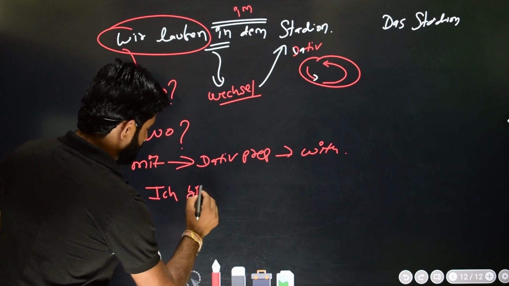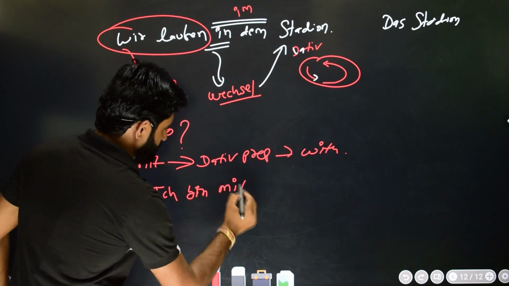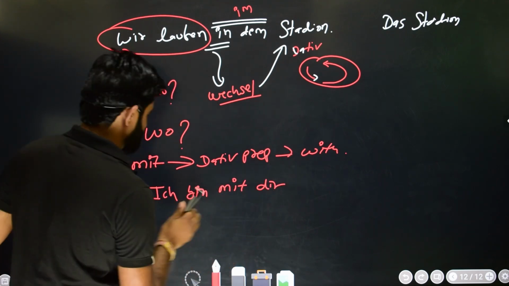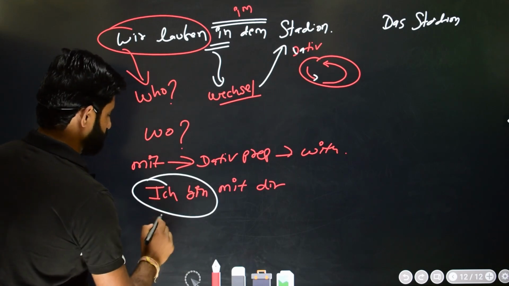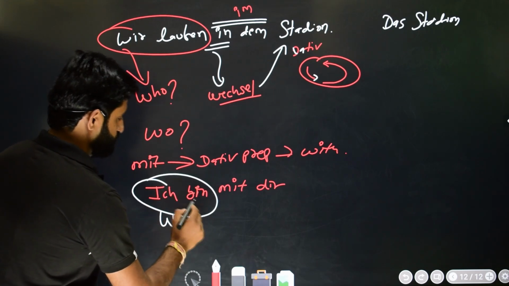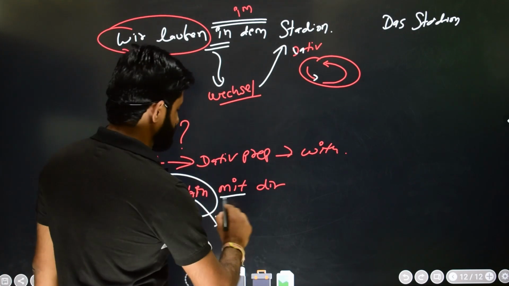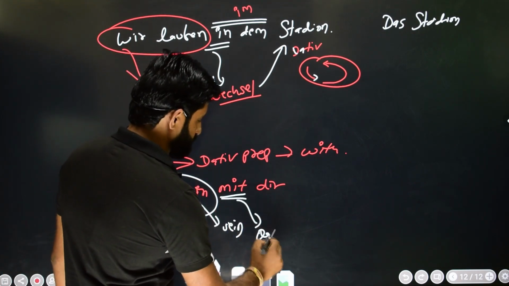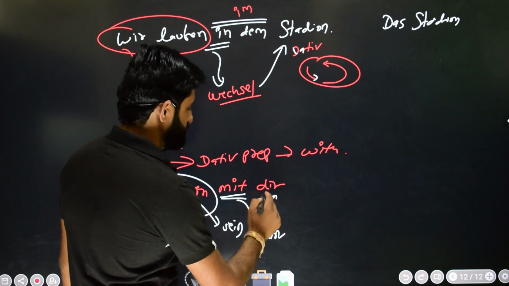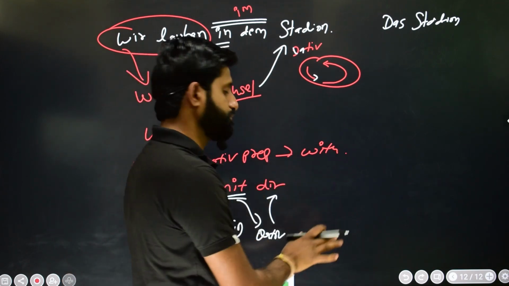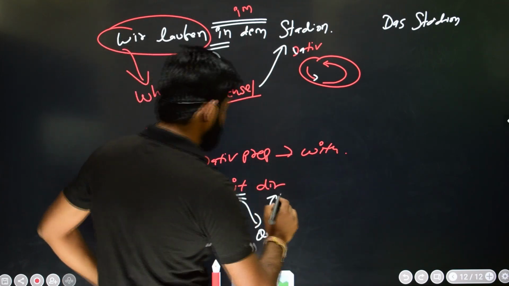Ich bin mit dir. Question with who? Nominative. Sein verb, nominative. So this part of the sentence is nominative. What is this mit? Mit is a dative preposition. That is the reason the noun or pronoun, whatever we have just after the preposition, will go into dative.